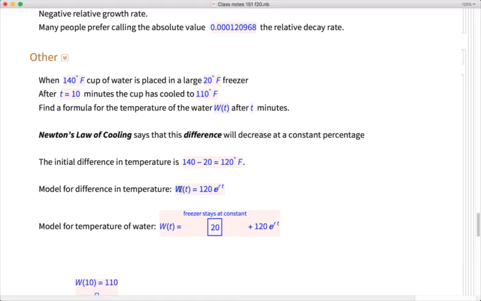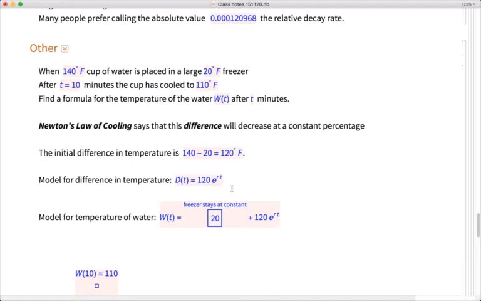So the model for the difference in temperature is going to be 120 e to the rt. That's what Newton's law of cooling says. So the model for the actual temperature, again, this is assuming that the freezer stays constant, the model for the temperature of the water is going to be 20 plus the difference in temperatures.